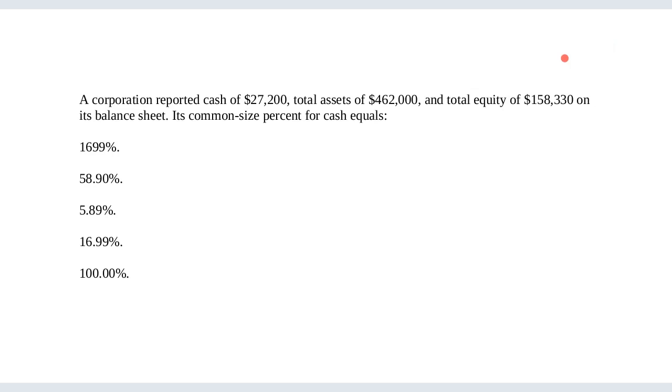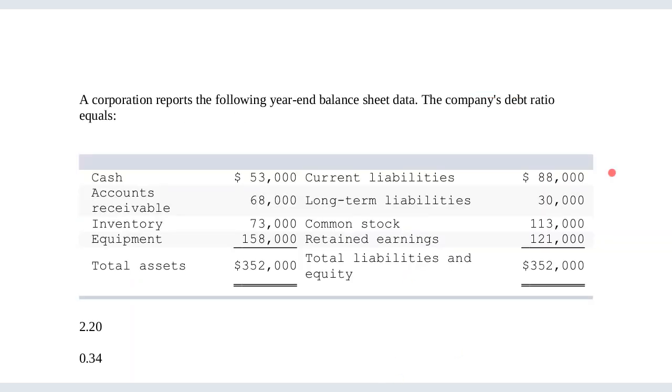Divided by our total assets. This information we don't actually need here. Because if we're doing common size for balance sheet, our base is total assets. And then we're just comparing cash versus our total assets. So what's the answer for this one? Correct, 5.89%. Okay, 27,200 divided by 462,000. Okay, just wanted to kind of review that with you.